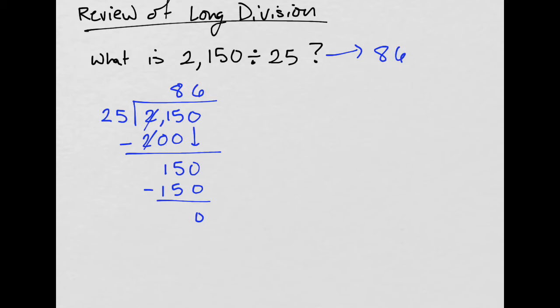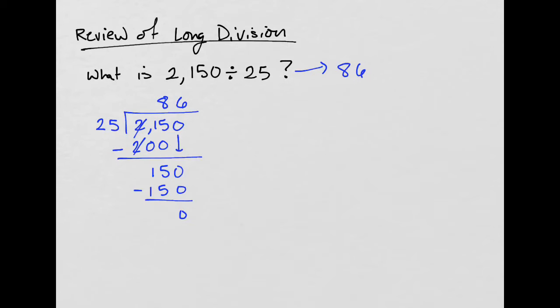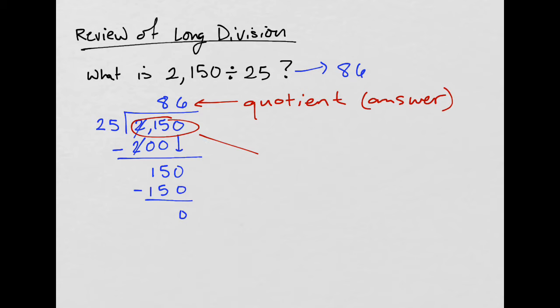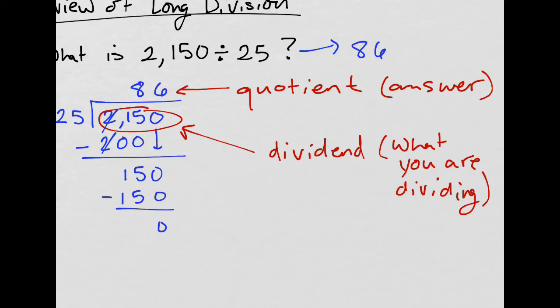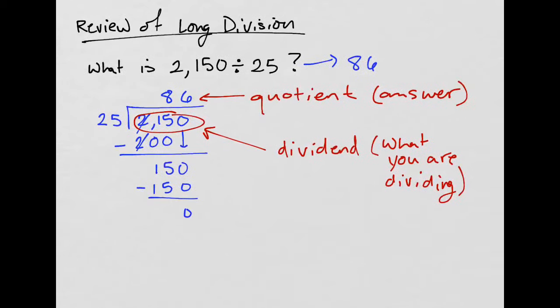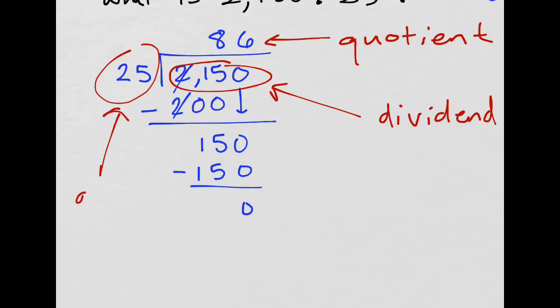So, let's look at some names first. Your answer, this thing right here, that's called the quotient. That's your answer. Whatever you're dividing, this thing in here, that's called the dividend. And then what you're dividing by, that's called the divisor.